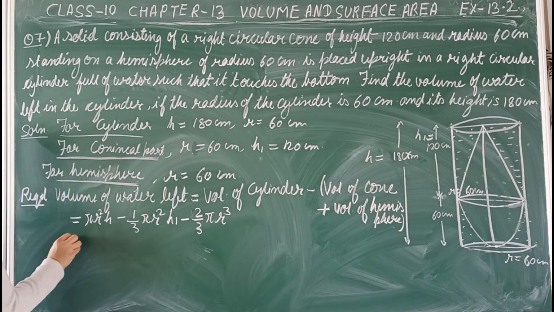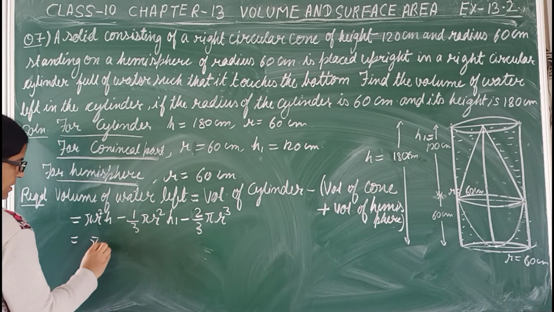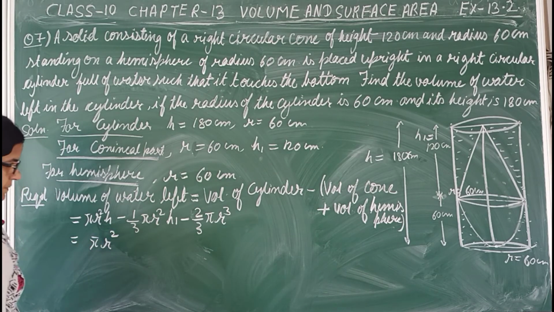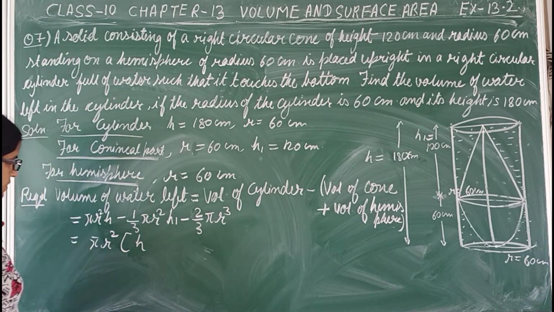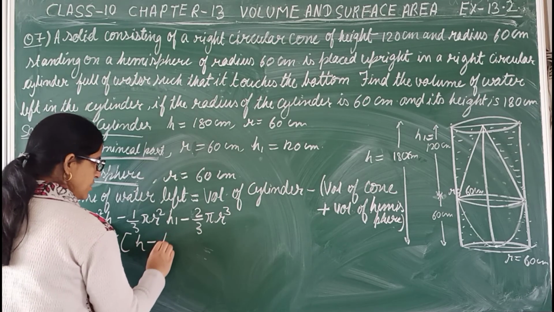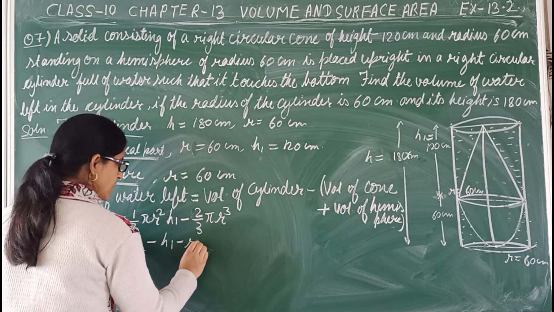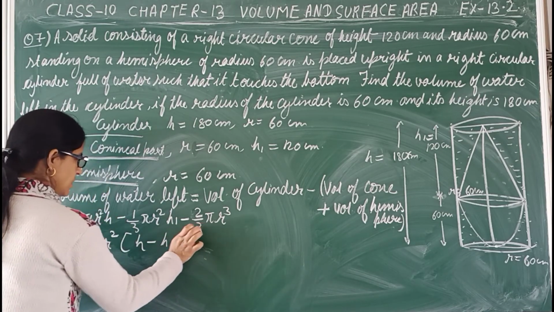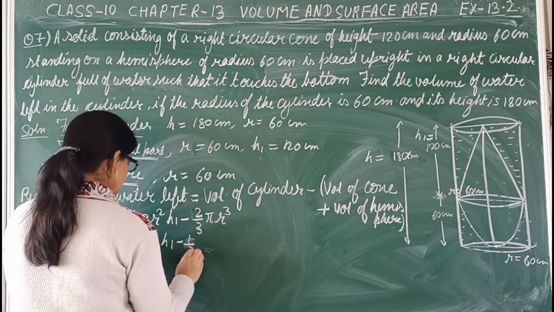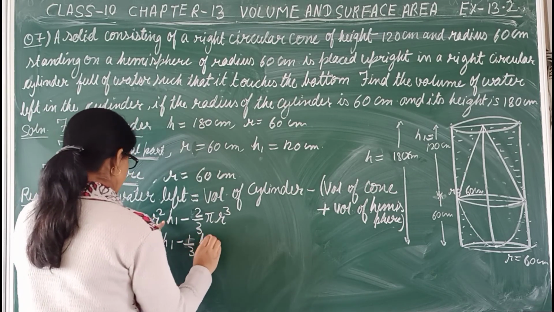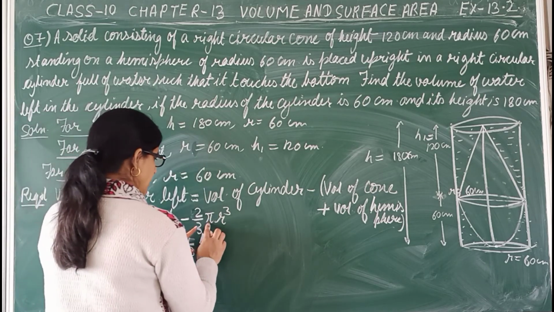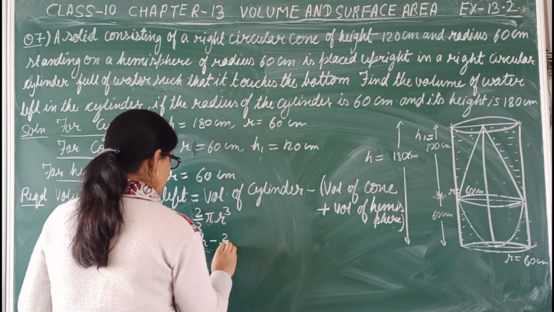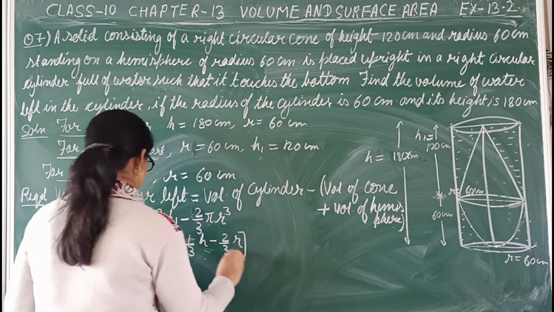Now over here pi r square is common. Left is h minus 1 by 3 h1 minus 2 by 3 r.